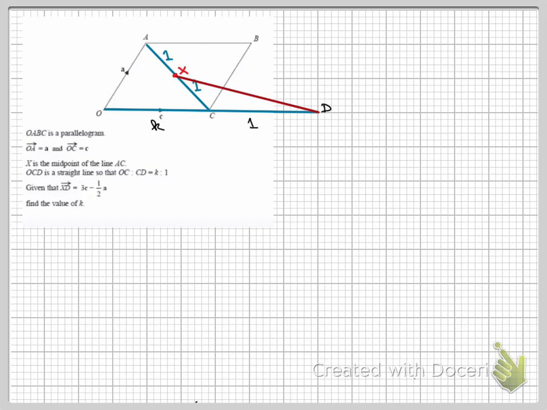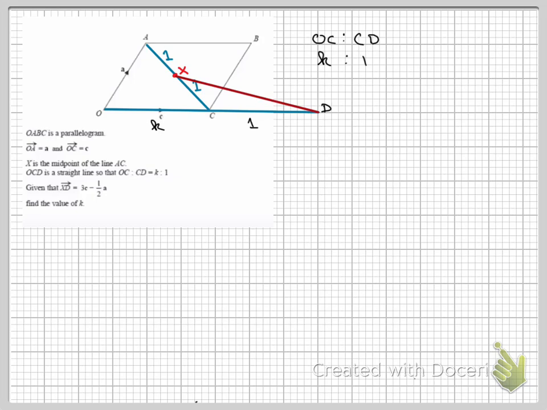The first thing I'd like to do here is take a look at this ratio right here. We're told that O to C, C to D is K to 1.